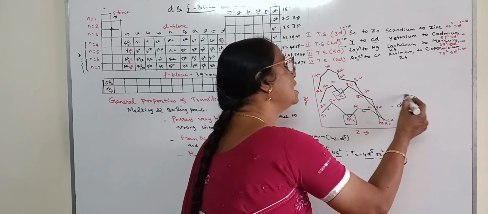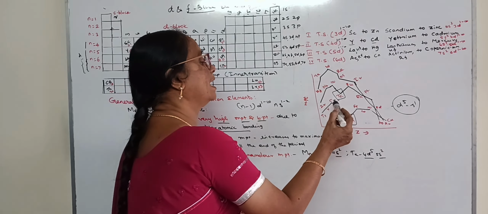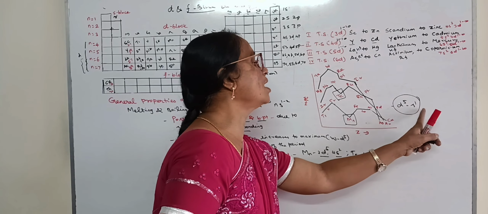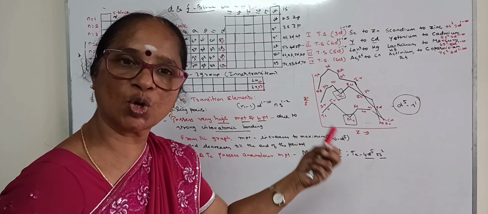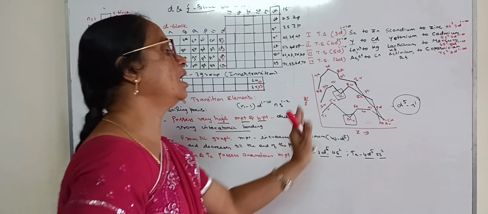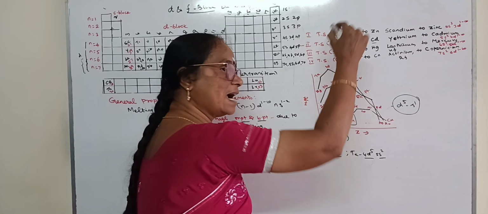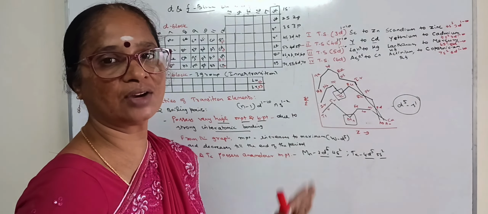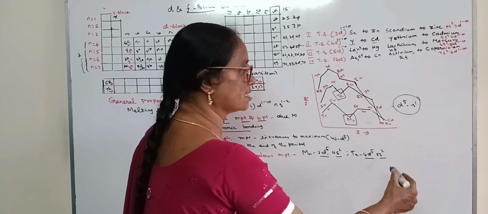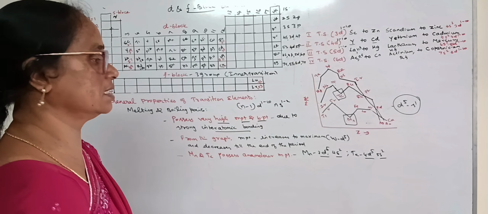So the total number of odd electrons is maximum for chromium, molybdenum and tungsten, and hence the strong interatomic attractions will also be greater. So if the number of unpaired electrons is maximum, then the melting point shows the higher value towards the middle of the series. Once the number of unpaired electrons decreases, the melting point of the series also decreases.